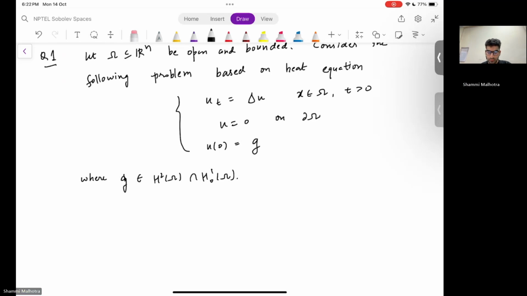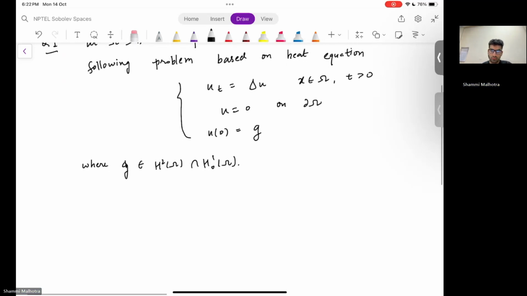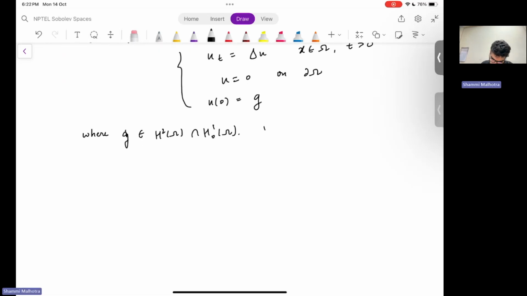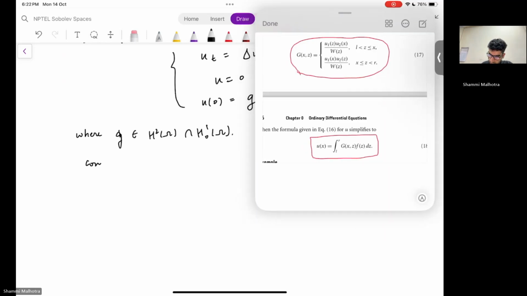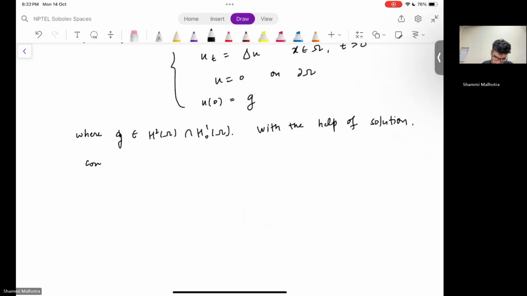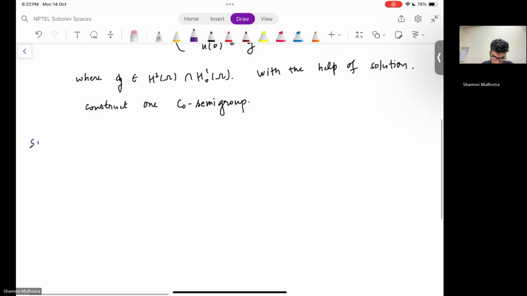So the problem is, with the help of the solution, construct a C naught semigroup.